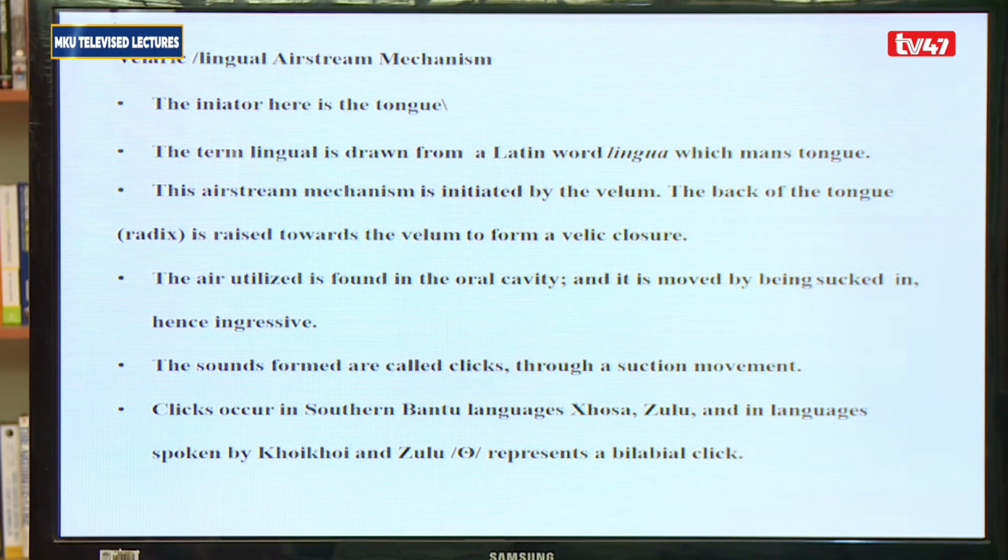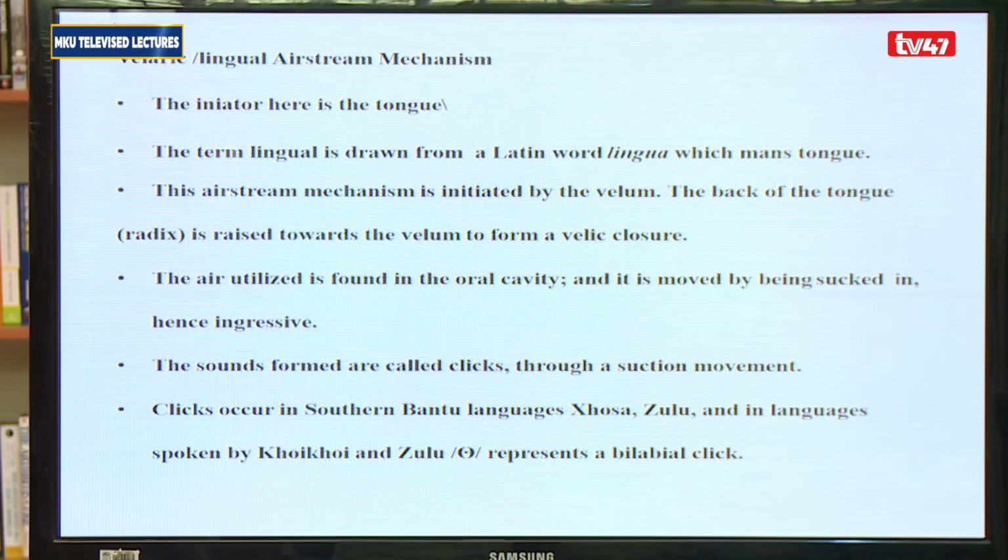We have the back of the tongue, which is also known as the radix, raised towards the velum to form a velic closure. The air utilized here is found in the oral cavity, and it is moved by being sucked in, hence ingressive.